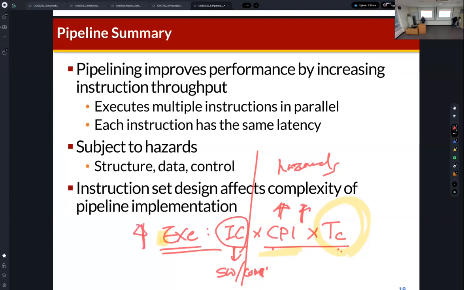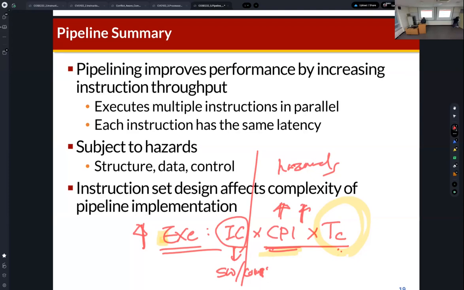So hazards are critical for the performance of processors. It means we need to reduce hazards in the processor architecture. That's why we learned about hazards.